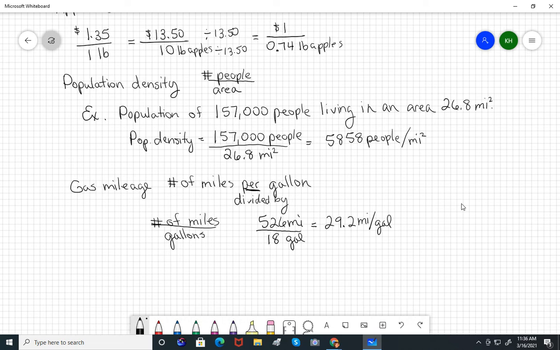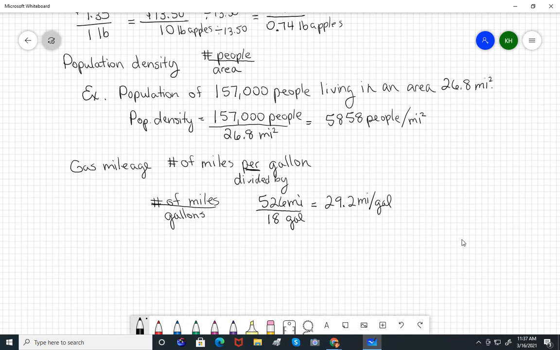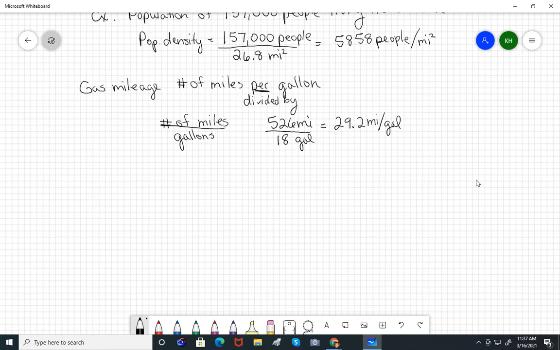The 5,858 people per square mile. You're taking the number of people and you're dividing it by the square miles. You can write more than one ratio with the same information. I could ask the question, how many gallons does it take to travel 1 mile?